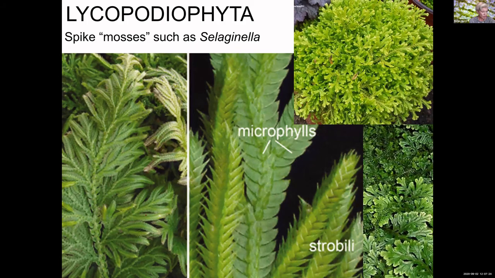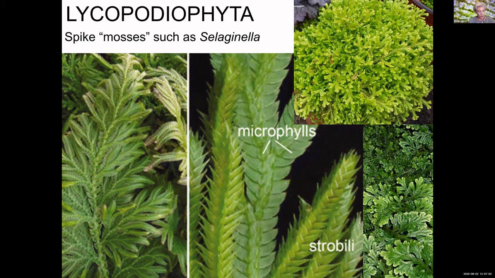So those are our non-vascular seedless plants. Now we're going to start looking at the vascular seedless plants. So the vascular seedless plants include 2 groups. The Lycopodiophyta, and we have 2 examples of different species that we find in the Lycopodiophytes.